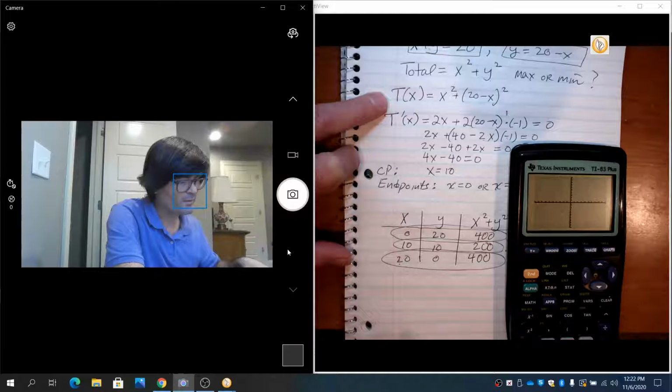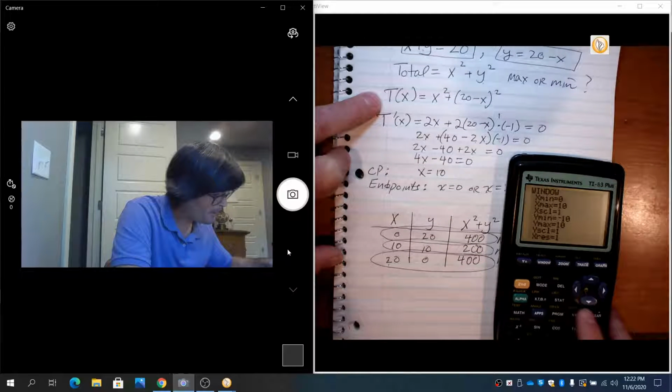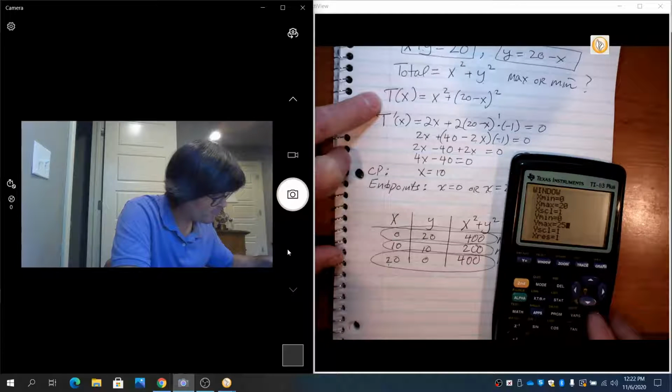First of all, I've got negative 10 to 10. That's no good. And my total could be like 400 or 200. So clearly I need to change my window. X will go from 0 to 20. And y can go from like 0 to like, how about 450? Count by 50s. So this will be a more sensible window.